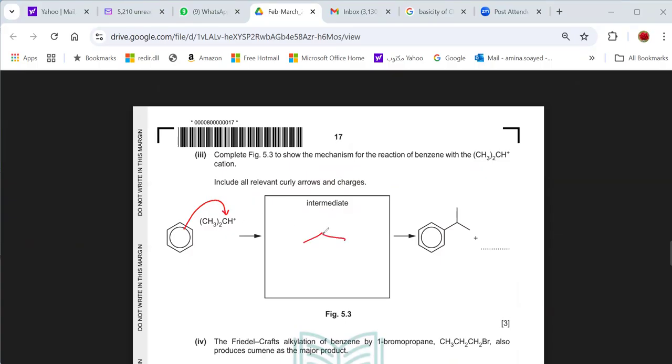And so the intermediate, we are going to draw an open half circle pointing to the place where this group is going to bond. And then we are going to draw an arrow from the bond between the carbon and the hydrogen to inside the benzene ring to get this one and a hydrogen ion.